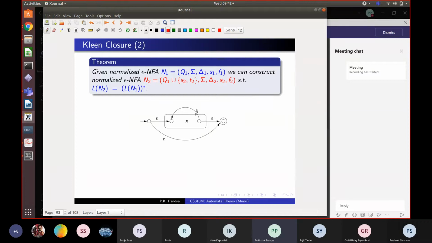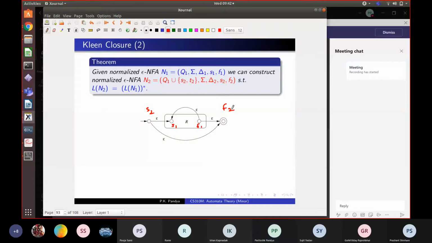Let this box, with R, denote the epsilon NFA for N1. Its start state is S1, and its unique final state is F1. So this is S1, this is F1, right? In N2, we take all the states of N1 and add 2 extra states. This is called S2 and this is called F2.